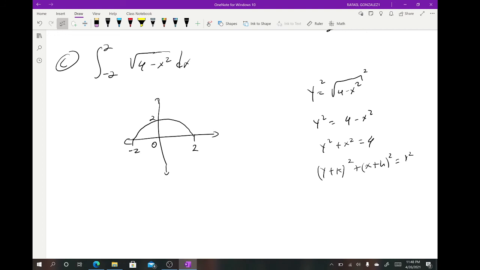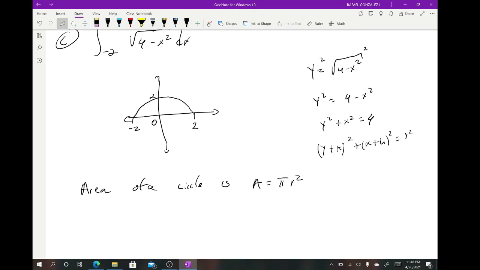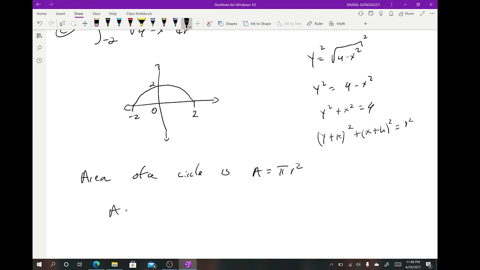In any case, we know that the area of a circle is given by pi r squared, and because this is half the circle, then the area of a semicircle is equal to 1/2 pi r squared.